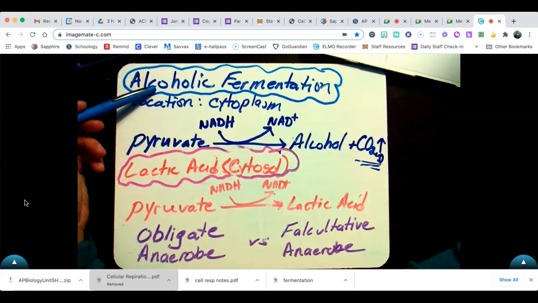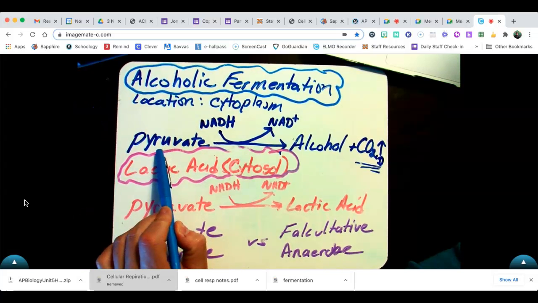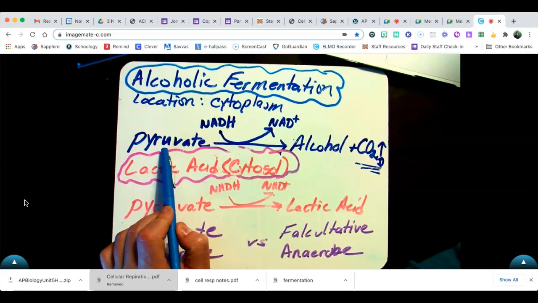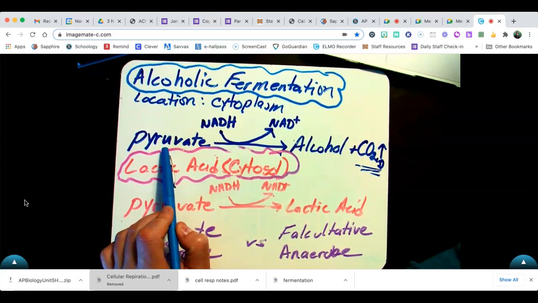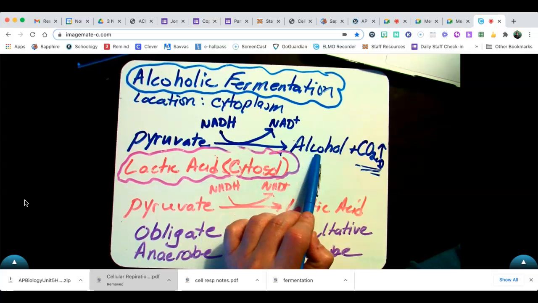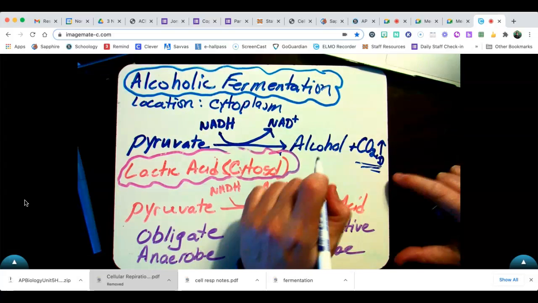So in alcoholic fermentation, here we are at the end of glycolysis. We have created pyruvate. Pyruvate now, because oxygen is not available to be the final electron acceptor, is going to get converted to alcohol. The alcohol specifically would be ethanol.